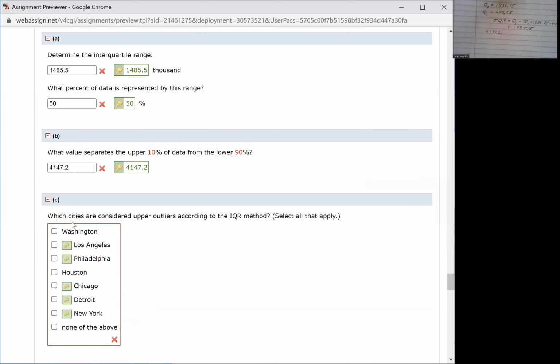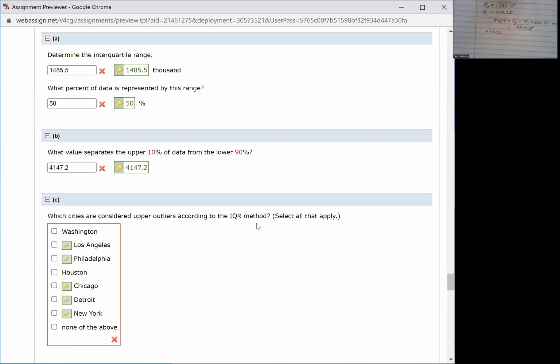Now C, which cities are considered upper outliers according to the IQR method? Now, if you remember, we'll go to the document camera and I'll work it out for you, but if you take the upper quartile, which is Q3, and you add to that 1.5 times the IQR, you'll get a number.